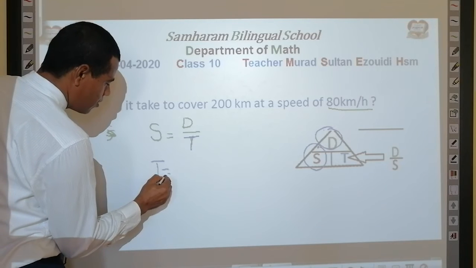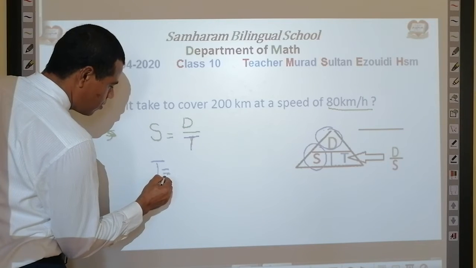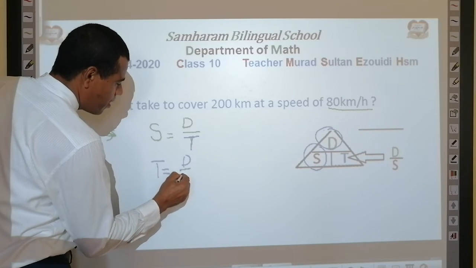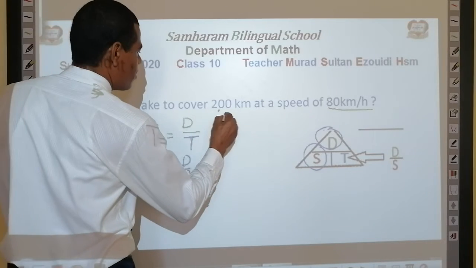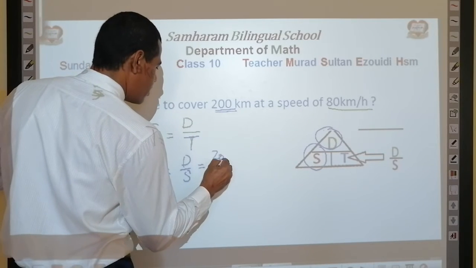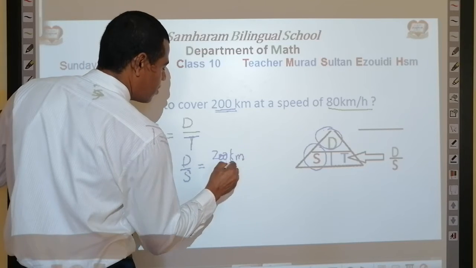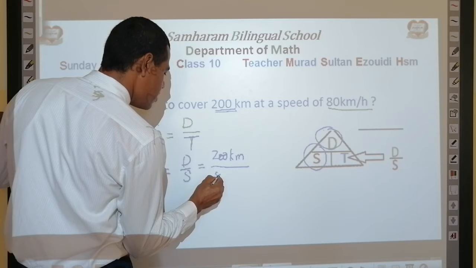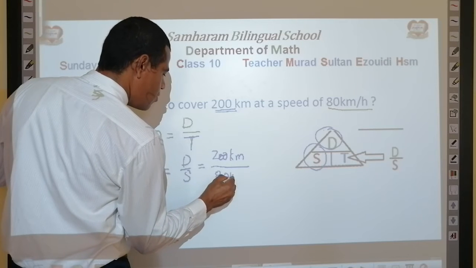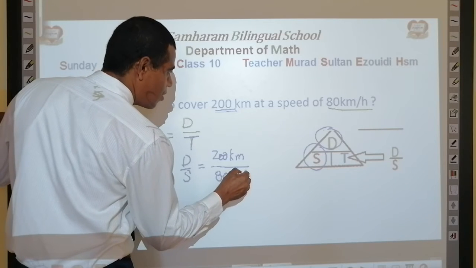So equal distance divided by the speed. Distance is equal to what, my learners? Is 200 kilometer divided by the speed is 80 kilometer per hour.